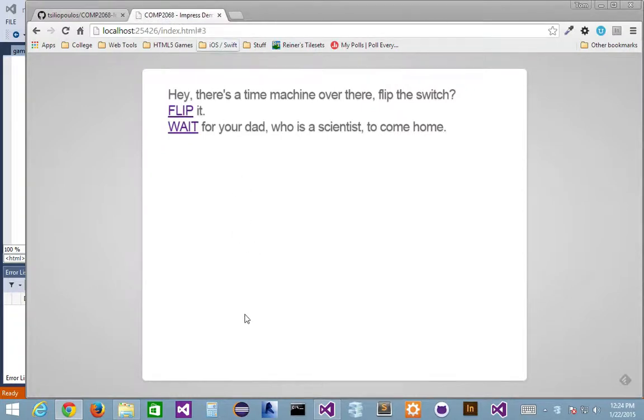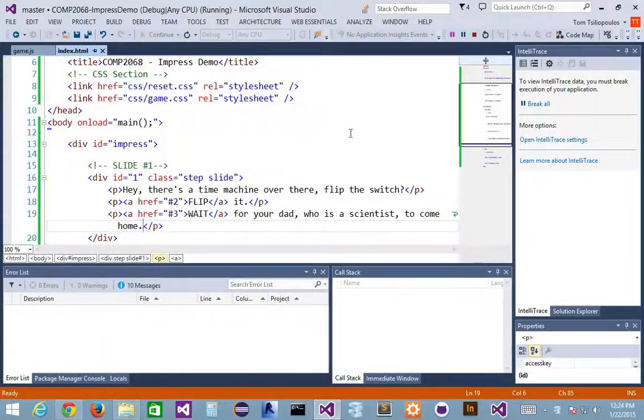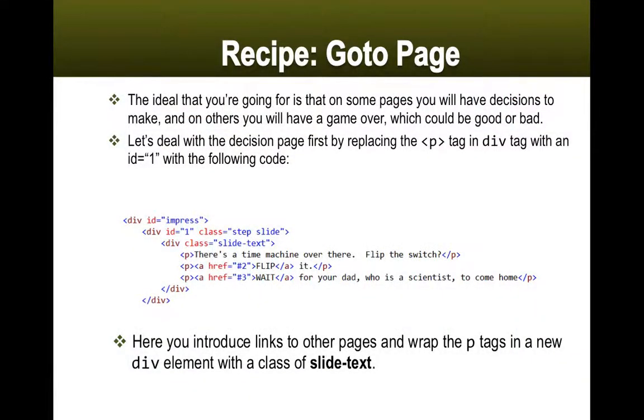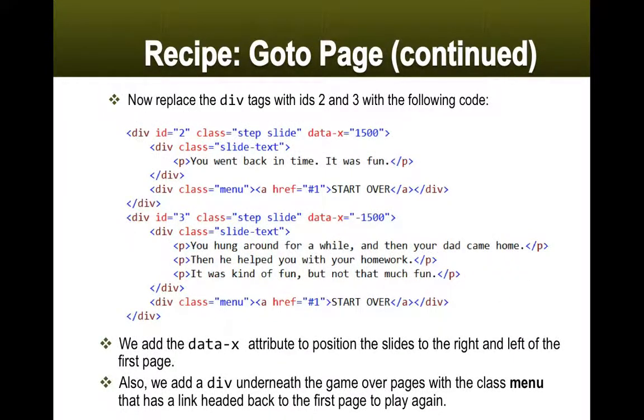All right, let's add the other slides. I'm just going to minimize this. So that's the first one. What we need to do is do the second and the third one. And here's what they look like. We need a step slide. And look, there's this new data-x attribute.